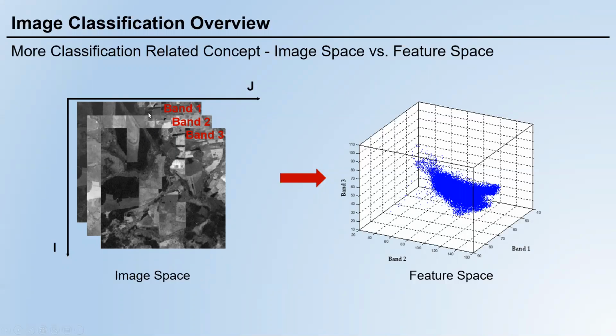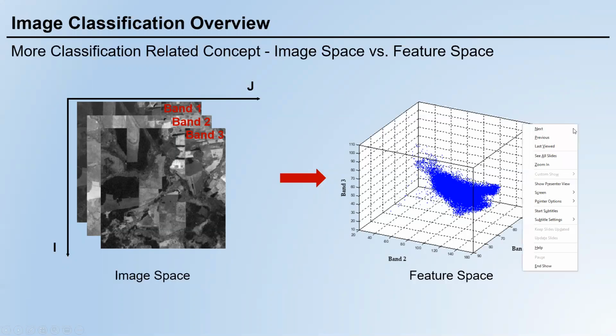When we talk about image space classification, it means that we use actual multiple images to do the classification, and within each image, we have row number and column number for pixels, so I and J. But when we talk about feature space, this space must be formed by multiple bands, and each pixel can be projected into this multi-dimensional space using its own values on all those bands and find a location within this space. If you locate all pixels in this image, you should have a cloud like this, and you can use this cloud to do the classification.